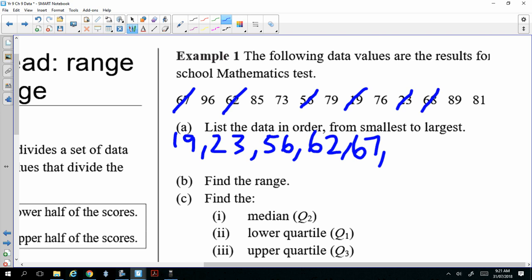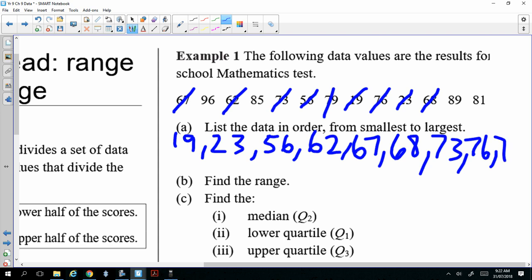Well, I sometimes miss some numbers too, so that's not a big deal. 76. What's the next one? 79. I ran out of space. What's the next one? 85. 81.